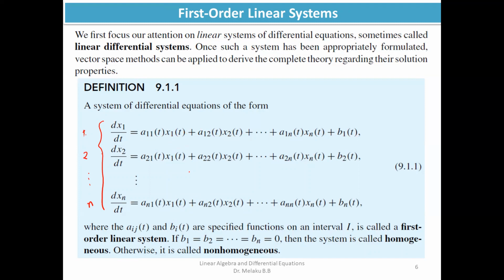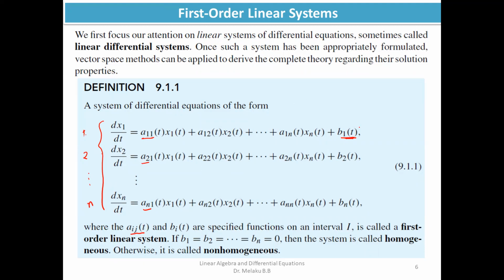Just remember, it is analogous to systems of linear equations. The aij(t) are the coefficients, and the bi(t) are specified functions on a certain interval. This is called a system of first order linear differential equations.